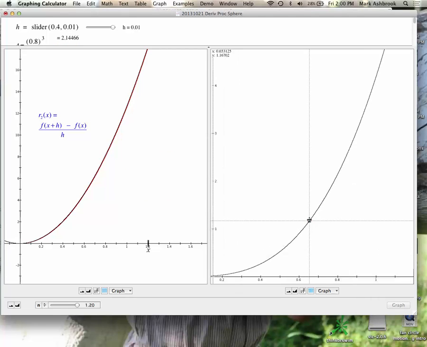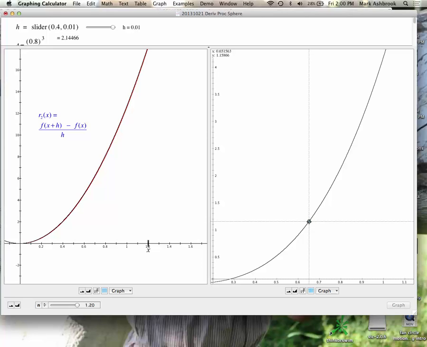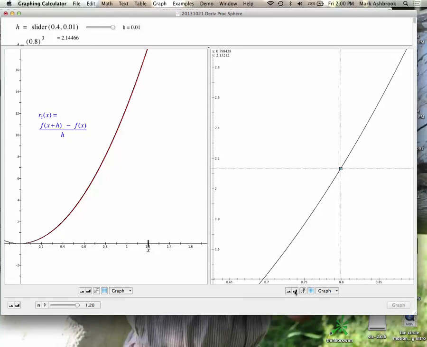So now I'm going to zoom in. I'm talking about very, very small changes in radius around a radius of 0.8.